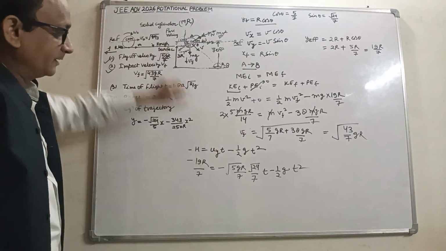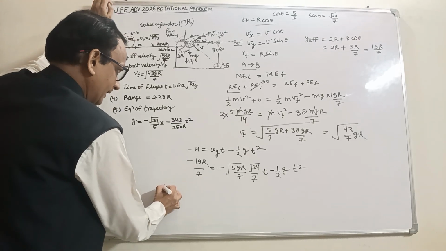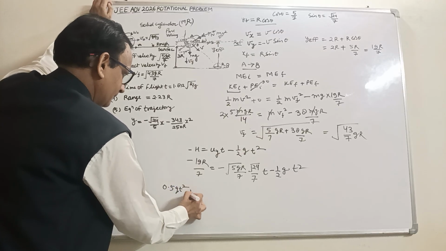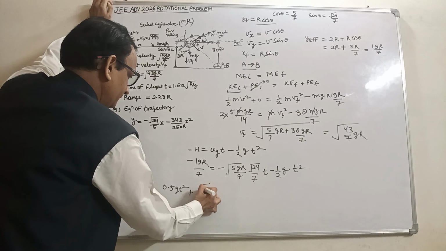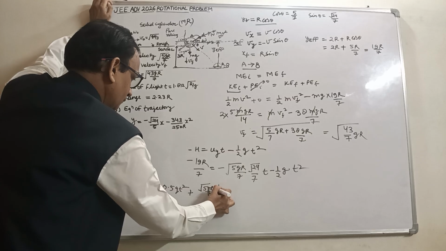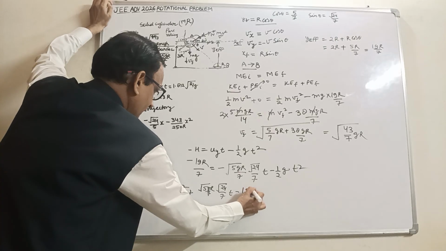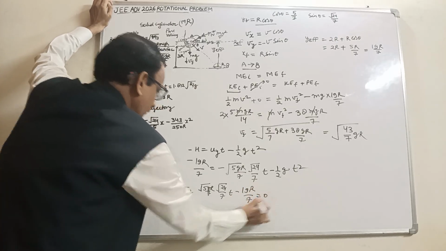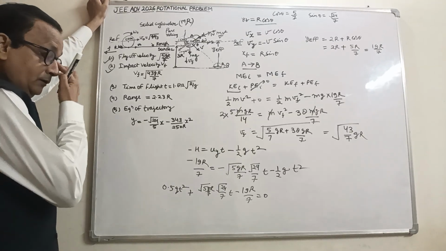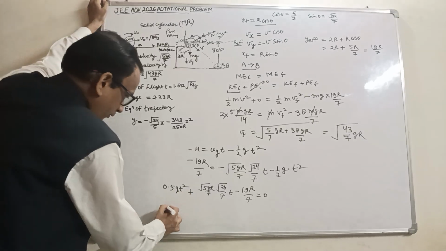So this becomes a quadratic. On shifting, this would be written as 0.5 g t square plus root 5 gr by 7 into root 24 by 7 t minus r by 7 is equal to 0. This is the quadratic a x square plus b x plus c equal to 0, so we apply the Sridharacharya formula.